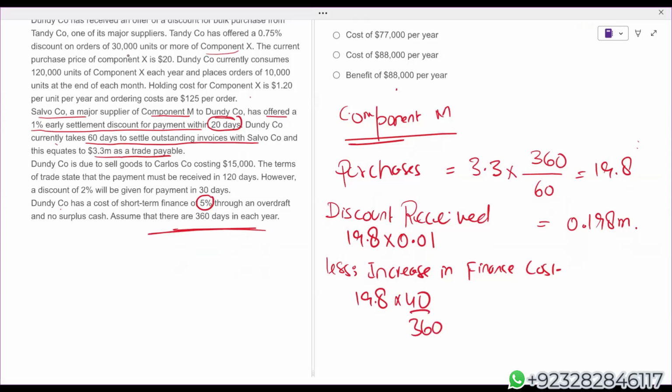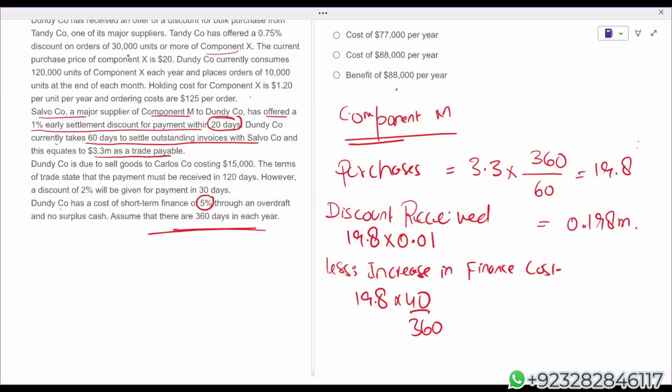Why? Before the discount, we were taking 60 days to pay. In order to get the discount, we'll be paying in 20 days. How many days earlier will we be paying? 40 days. So I'm calculating the reduction in trade payable. 19.8 multiplied by 40 upon 360 will give me the fall in trade payable.